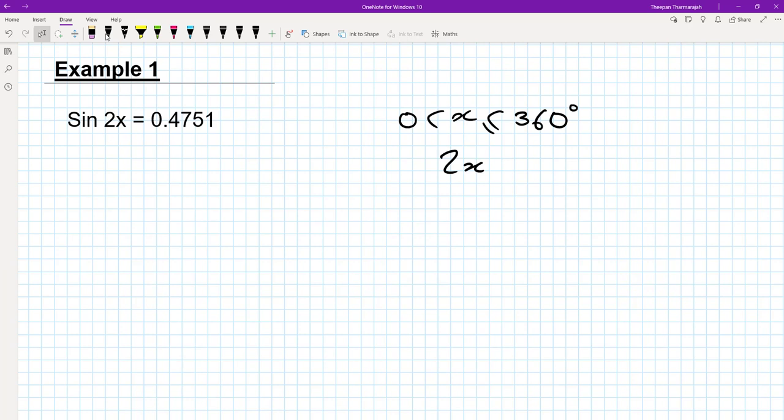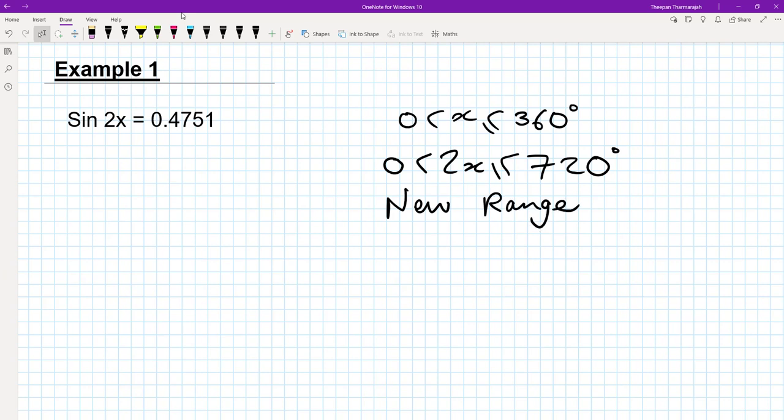So we double x. 0 times 2 is 0, and 360 times 2 is 720 degrees. So the examiner is very clear that this is the range I'm now going to be working with.